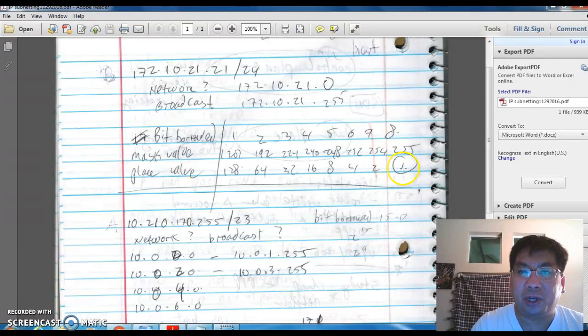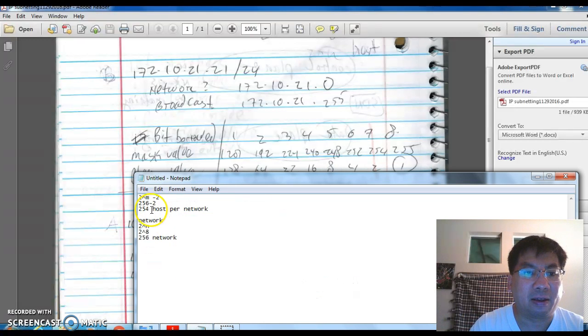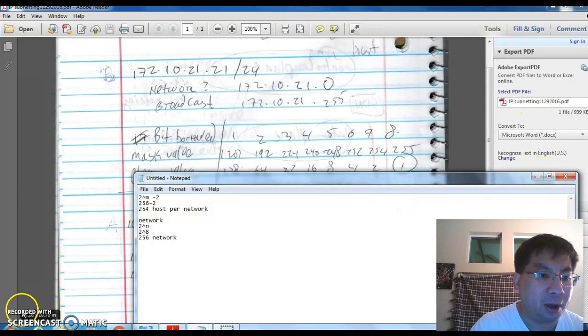The place value is 1, which tells you that the next network is 21, 22, 23, 24, and so on, up to the 256 networks, okay? Alright, let me pause this one.